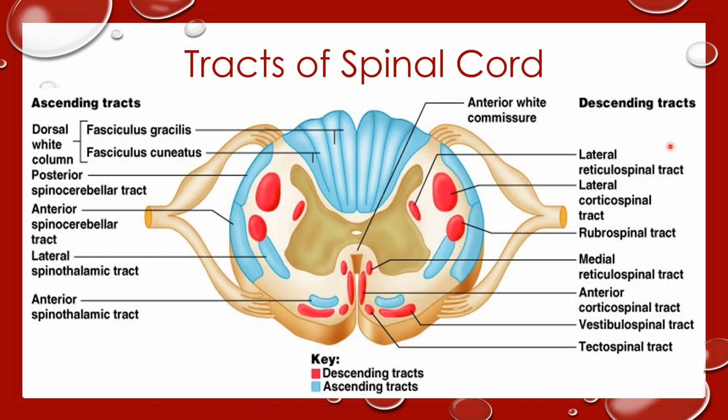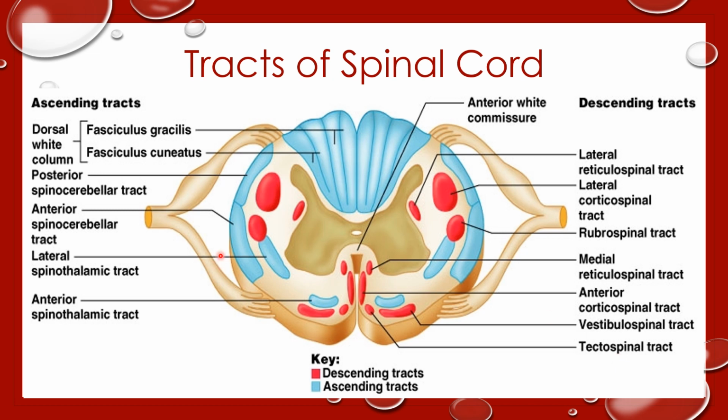In the descending tracts, there are extrapyramidal and pyramidal tracts. The most important tract is the corticospinal, the anterior and lateral corticospinal tracts, and the other tracts are reticulospinal, rubrospinal, vestibulospinal, and tectospinal tracts.